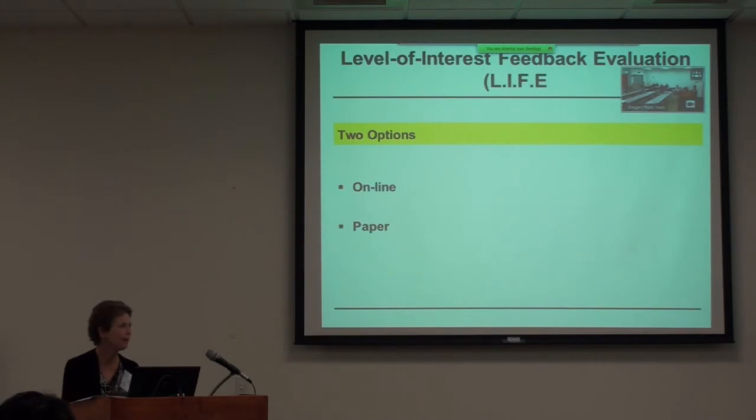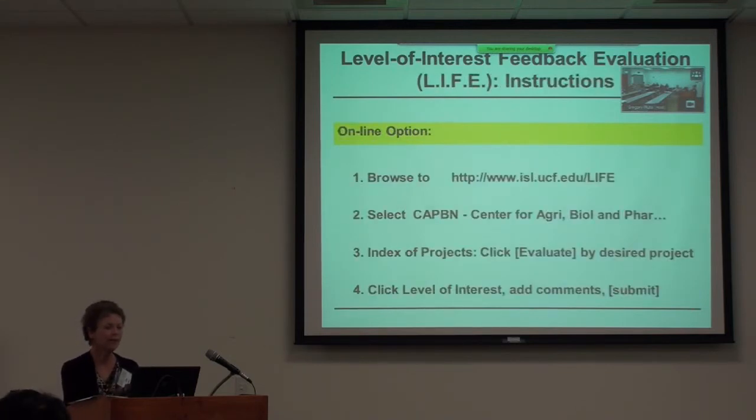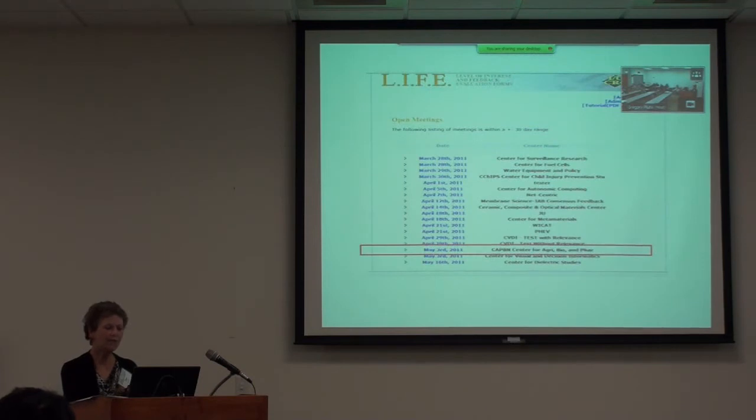The paper forms are already in your binders. So what you will do is browse to this particular website, which should be in your book. When you do, you will see this screen. Actually, this is the May 3rd screen.